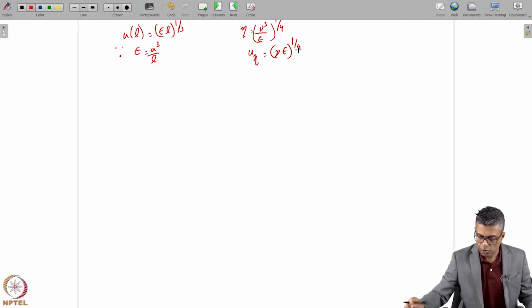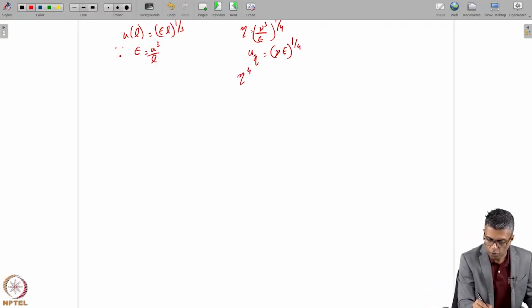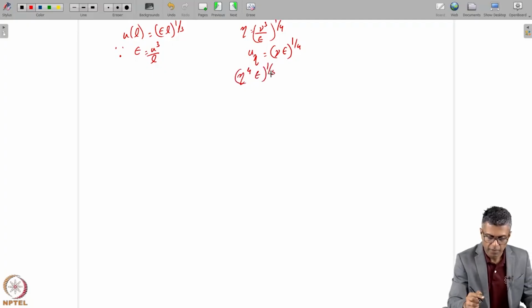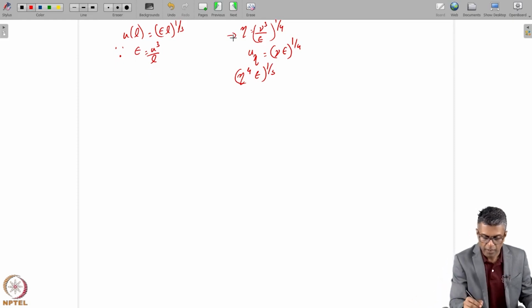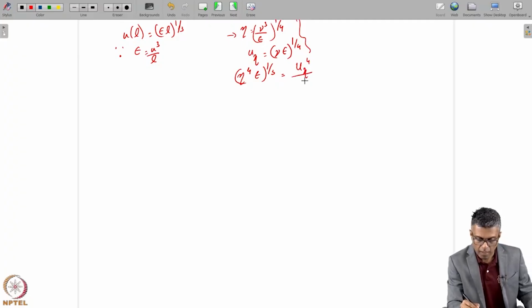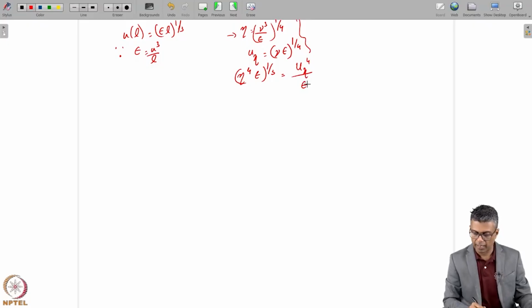So eta to the fourth times epsilon to the 1/3 is equal to, now notice what I'm doing here. I am actually eliminating viscosity from these two equations. Eta to the fourth epsilon to the 1/3 is U_eta to the fourth over epsilon. This is what I have.